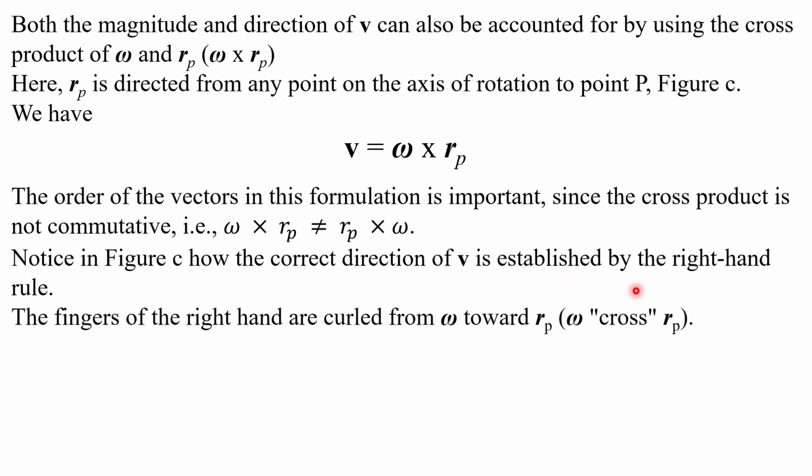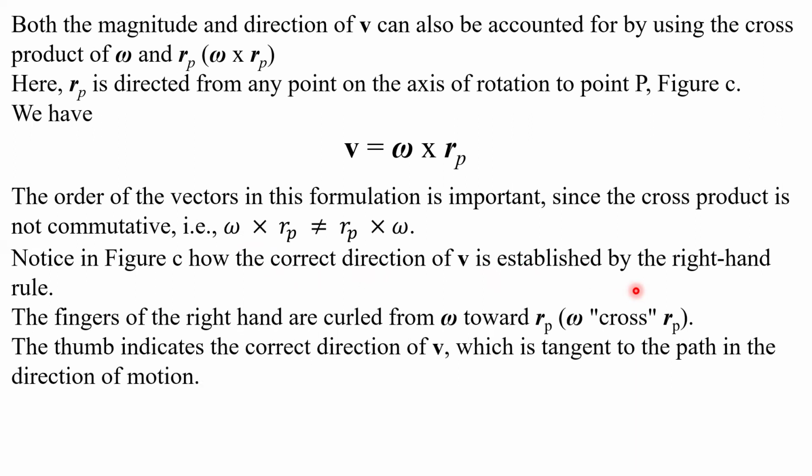The fingers of the right hand are curled from omega towards RP, that is omega cross RP. The thumb indicates the correct direction of velocity V, which is tangent to the path in the direction of motion.